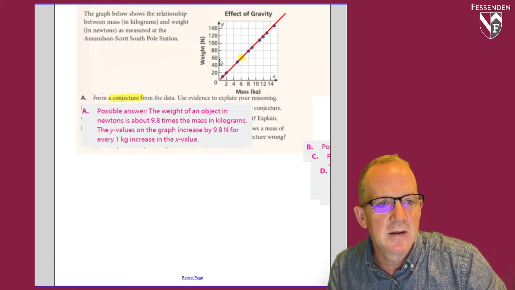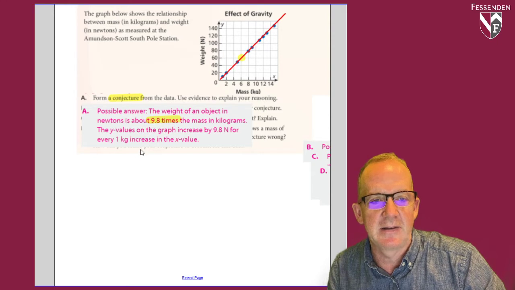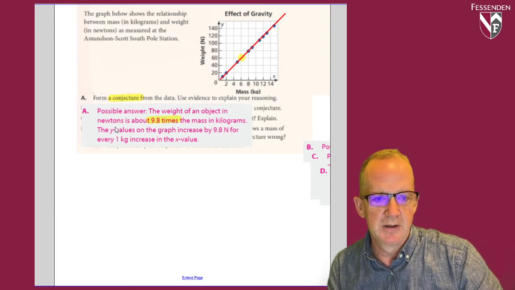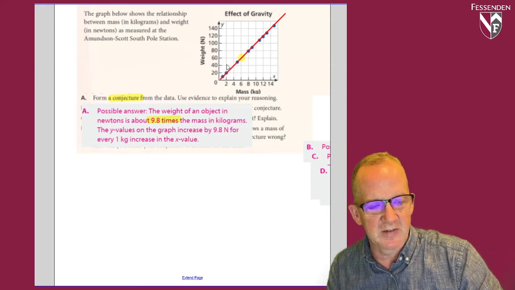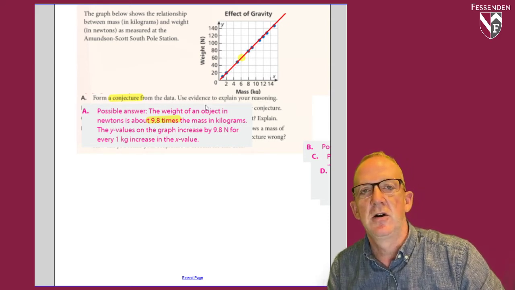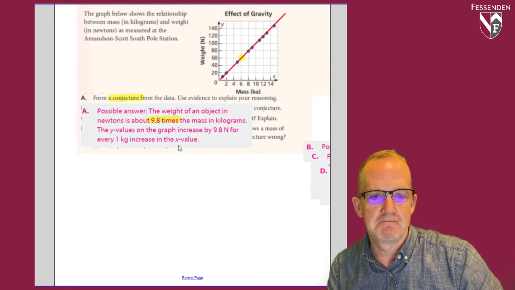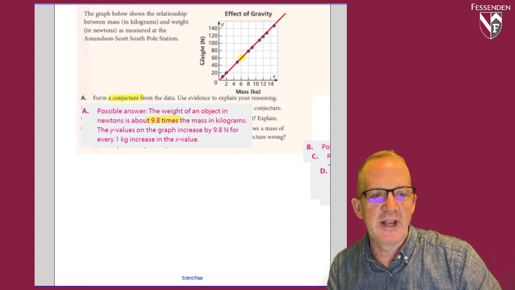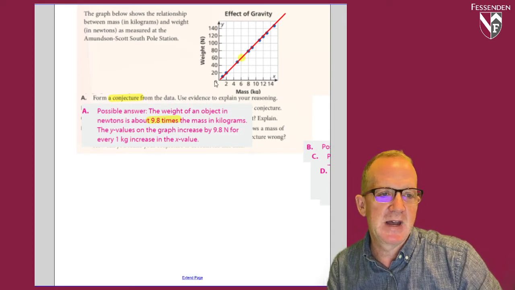You see the 6 and 60 and the 10 is close to the 100. It says it's 9.8 times. So they're being a little more precise than I might be. And so for each time we go up 9.8 on the y-axis, we go over 1 on the x-axis. Seems like an interesting thing to relate weight and mass.